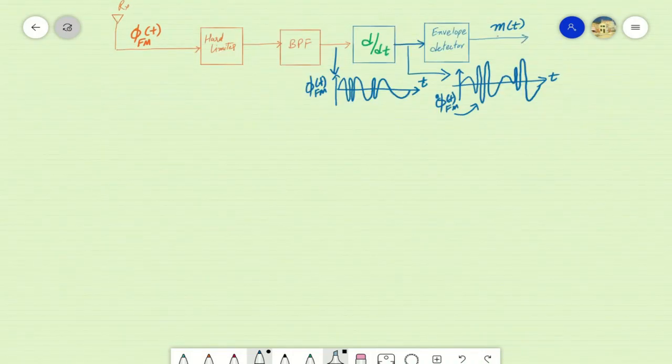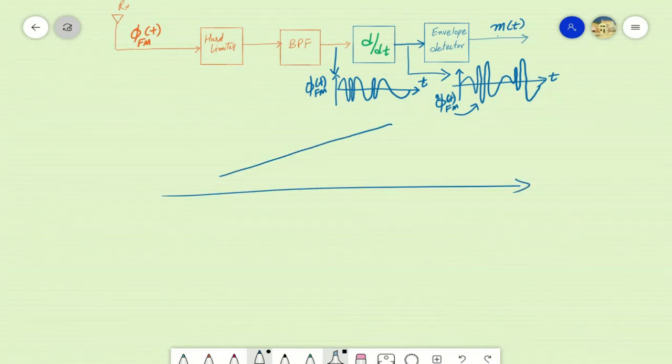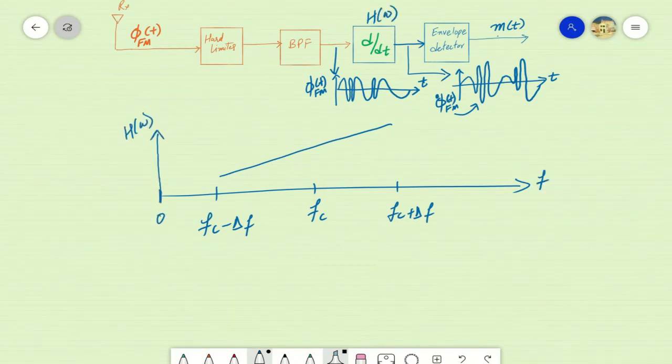So the response of the derivator in frequency domain can be represented with a straight line, for example, over the band from fc minus delta f up to fc plus delta f. This H of omega, a straight line response, represents the derivative operation here.